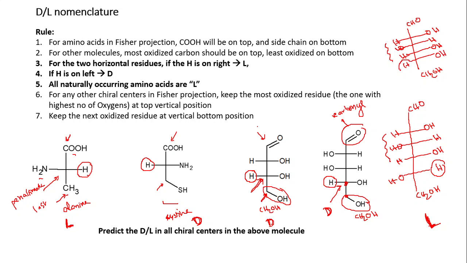Now the H is on the left side, so it becomes a D. These are diastereomers simply because the stereochemistry of the penultimate carbon got reversed, so it became D to L. So this is the DL nomenclature.